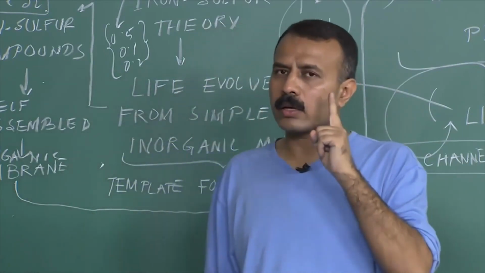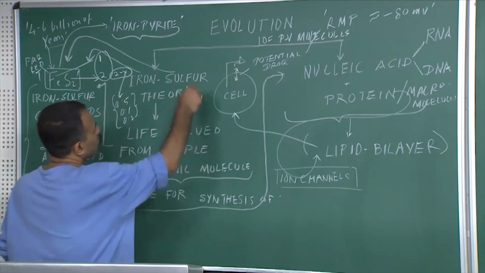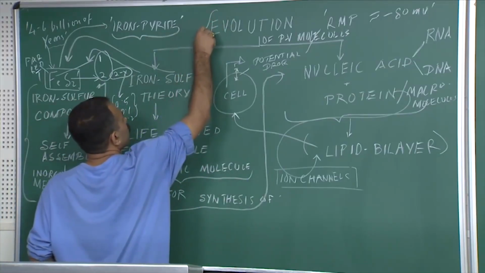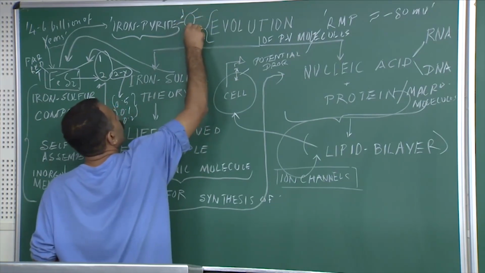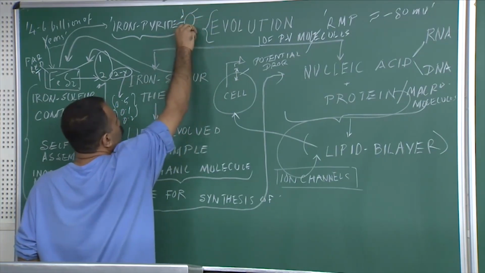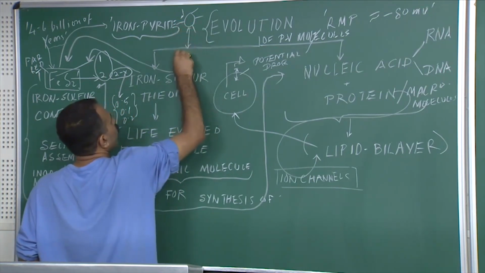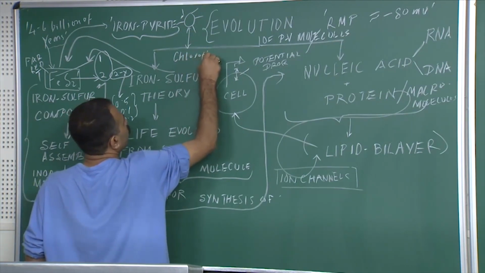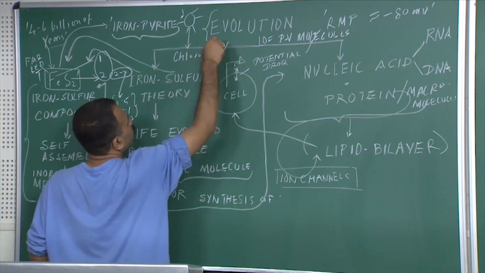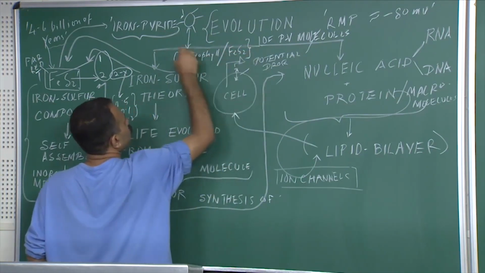So, one common thing you can see about our evolution is that some of the molecules have played a critical role. One of them is chlorophyll, then definitely in that same line comes FeS2.